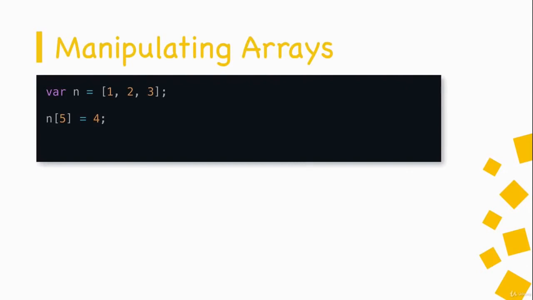So n square bracket 5 equals 4 means we'll add an element in the array with index 5 and a value 4. However, this leaves undefined elements inside the array. So now if you type in n, it actually looks like this. It's not 1, 2, 3, 4, but it's actually 1, 2, 3, undefined, undefined, and then 4. Why is that? That's because in the second statement, we typed in n square bracket 5.